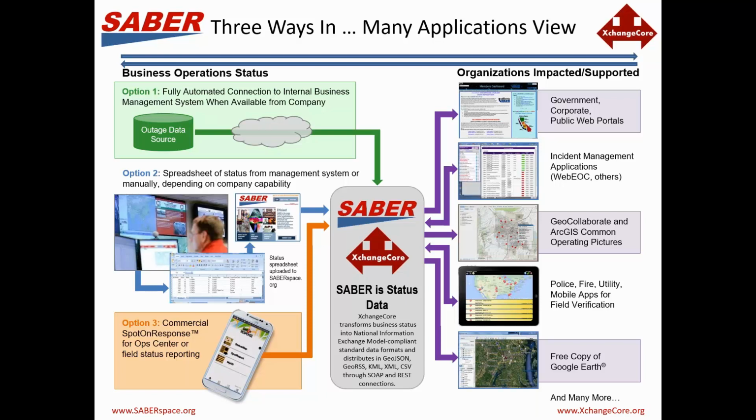So the function of SABER, which is the organization using XchangeCore, is to move information from the left-hand side about business status to the right-hand side so people can make better decisions to support businesses and speed their recovery.